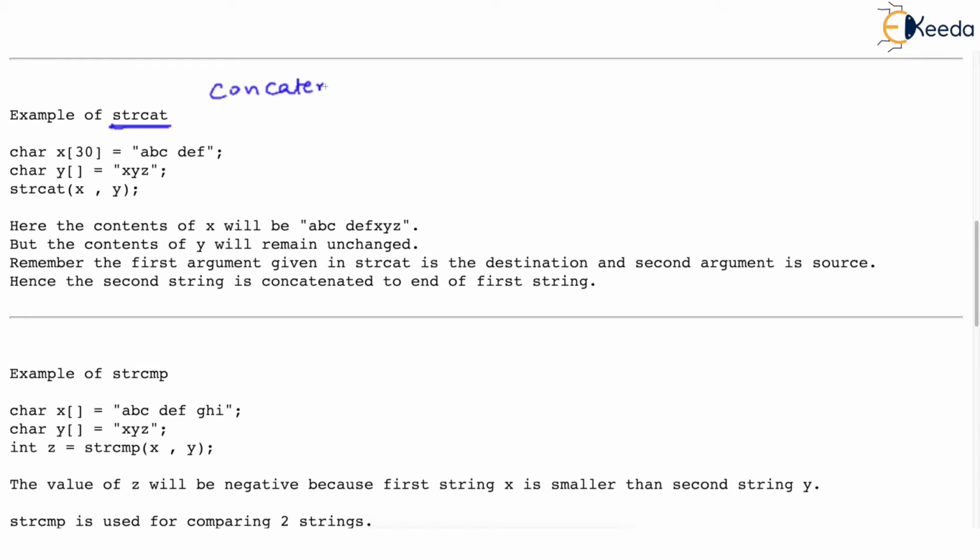Concatenate means joining one string to the end of the other string. Take this example. Suppose we have char array X, which is declared as a very large array. This X array contains 30 locations.